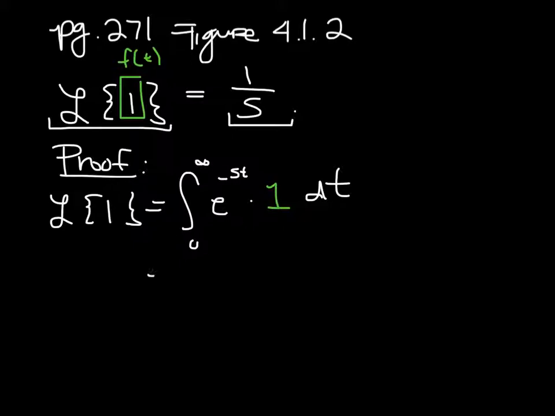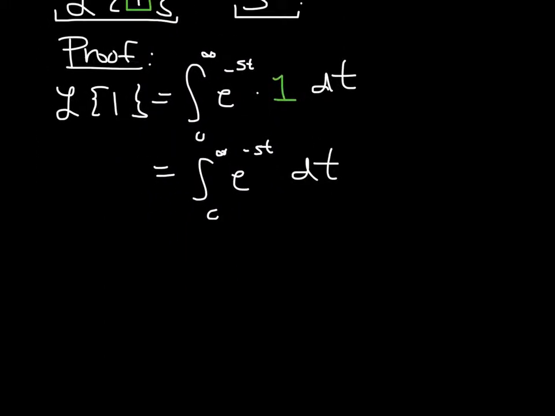Anything times 1 is the same thing, so we end up just getting this exponential function. We know we're going to integrate e to the negative st. This is our integrand, and s isn't some arbitrary constant, it's going to be strictly greater than 0, and we'll see why at the end.